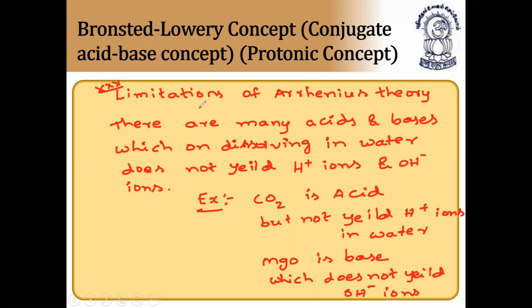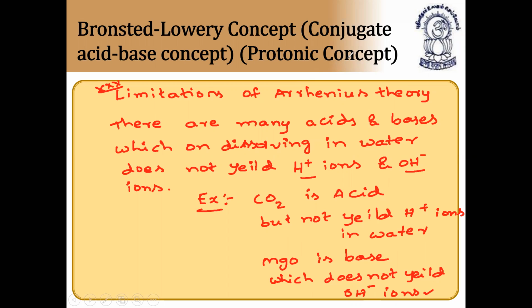Because there are many substances which are called acids and bases in chemistry, which on dissolving in water do not yield H plus ions or OH minus ions. Example, carbon dioxide is an acid but does not yield H plus ions in water, whereas magnesium oxide is a base which does not yield OH minus ions in water. So that's why Arrhenius theory is failed.